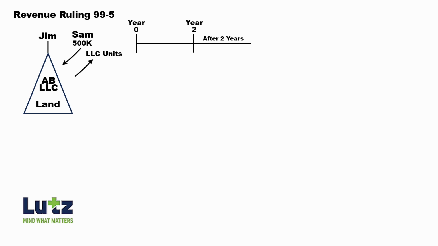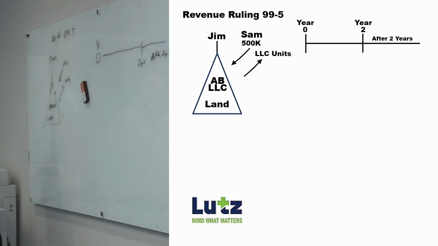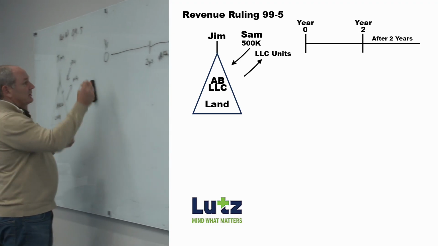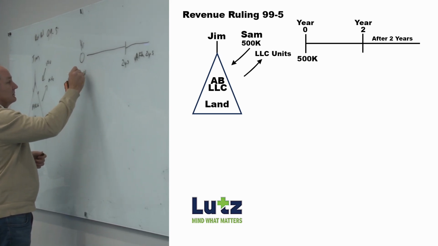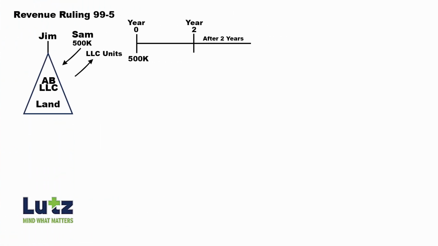There's a rule that says if you have a contribution of cash to an entity and within 2 years of that contribution, so did Sam contribute 500,000? So 500,000 was contributed and we're year 0. Okay?